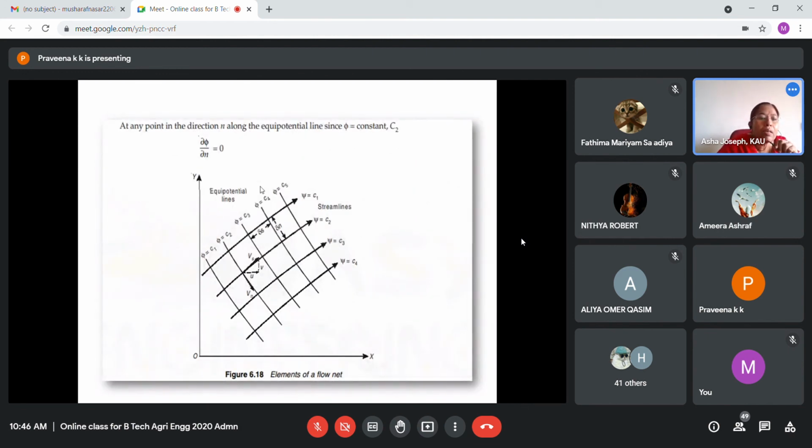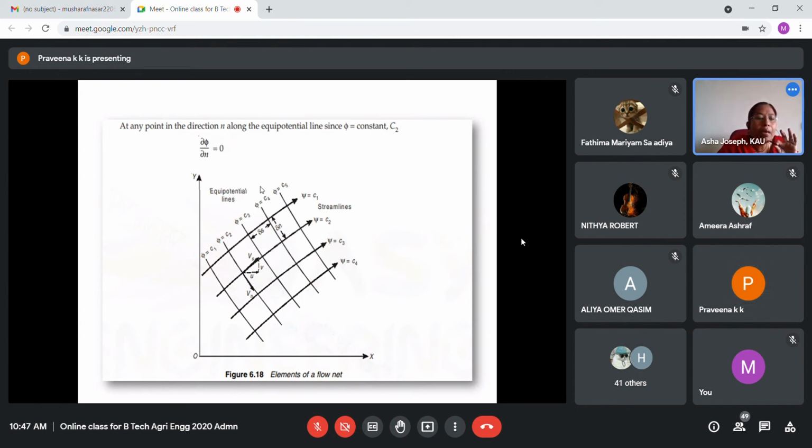So, you can see this represents a flow net. These lines represent stream functions, so psi is a constant. This one has one value, another value here. Along this line, psi will be constant, equal to C2, but along this line, psi is equal to C1. So these are the stream lines or stream functions.